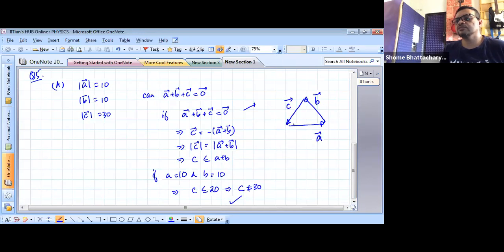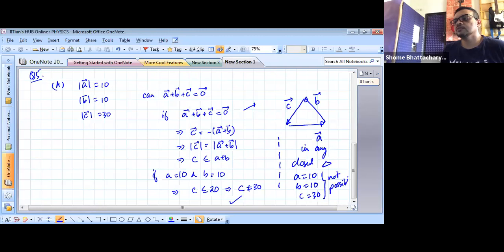This is a condition for A plus B plus C to be 0. So you can see that in any closed triangle, A equal to 10, B equal to 10, C equal to 30 is not possible, because the third side is greater than the sum of the other two.